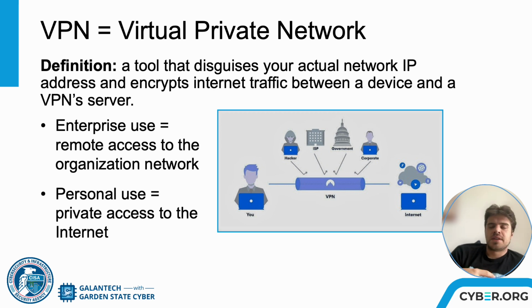For enterprises or corporations, this is important because employees need remote access to their organization's network in order to do business. That is important when you're a remote employee or a hybrid employee or you travel a lot for work. And then obviously we know that we can use a VPN for personal use.